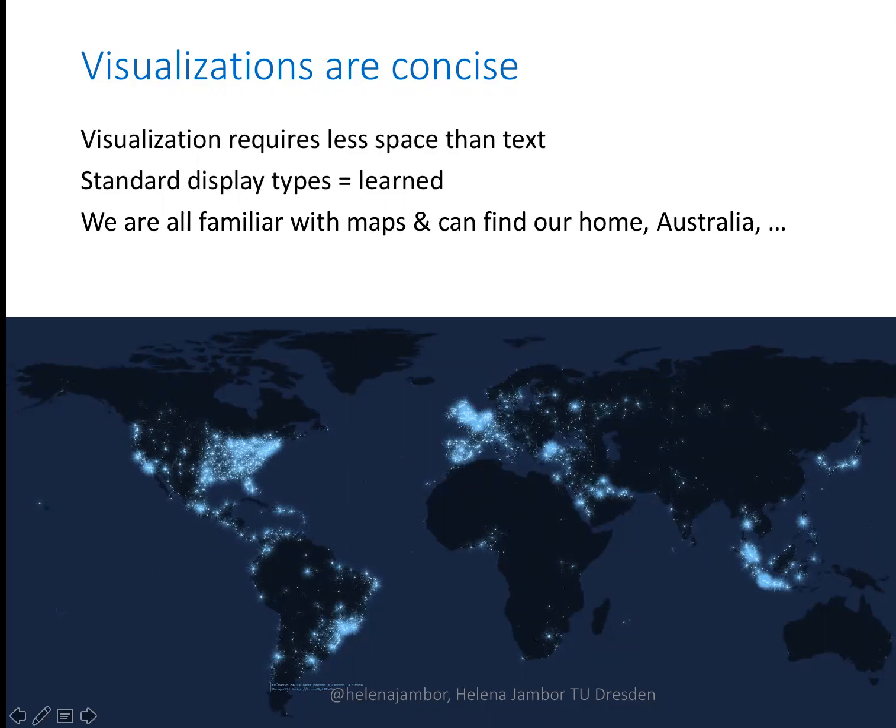We can probably see roughly where Dresden or Germany is, or wherever you grew up. We can all see at first glance where Australia is. We know it's this big continent at the lower right side, etc. We have seen it numerous times, which makes it very fast for us to get specific information from it.